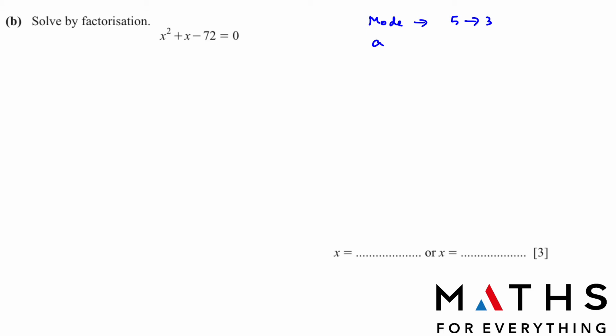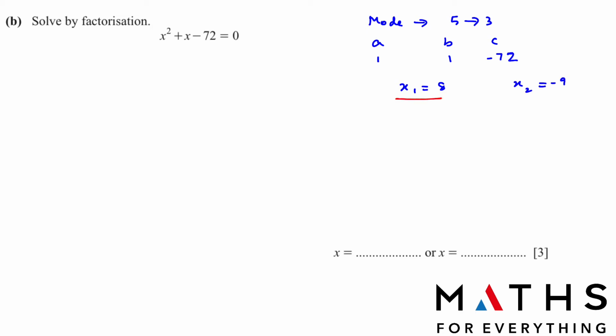You will get A, B, and C. What is your A? The coefficient of x squared, 1. Press equal. The coefficient of x is your B, and C is your constant. When you put this in the calculator, you will get two values. You will get x1 is 8 and x2 is -9.